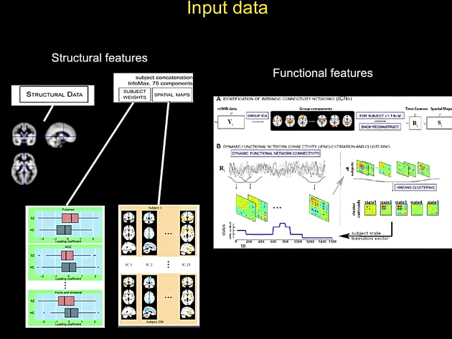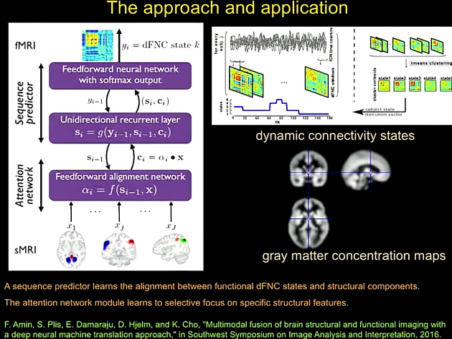Okay? And so combining those two bits of information together, you can think of the gray matter maps as kind of the figure, and the connectivity dynamic state vectors as sort of the caption of the data. And so we essentially have structural features and functional features both being estimated by these models. One is an attentional, one is a sequence predictor model.